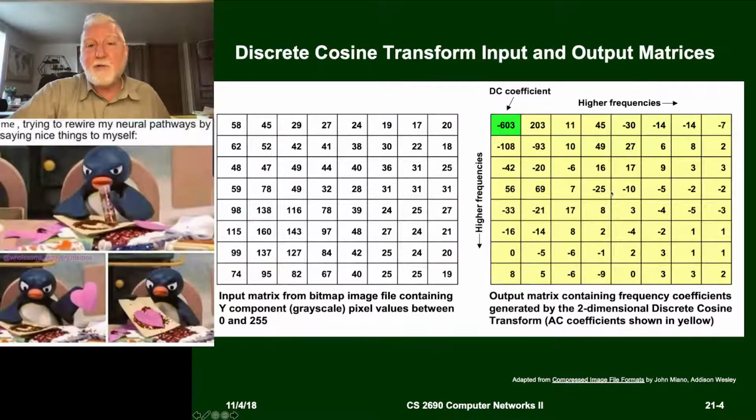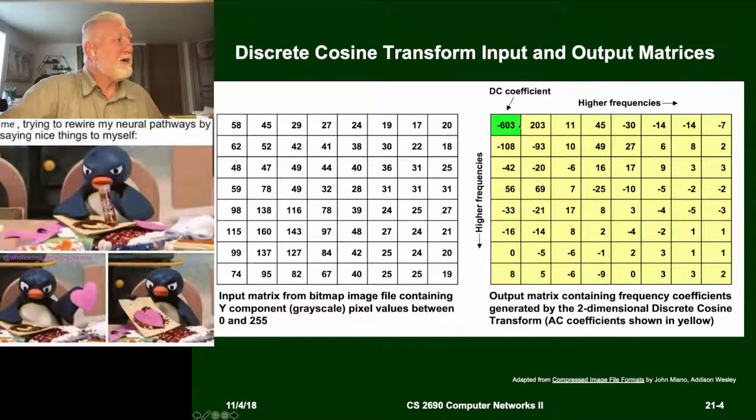And then this is the part where I'm going to do a lot of hand waving, okay? Because this is going to be the bitmap image file containing these Y components, the brightness, pixels between 0 and 255. And then that's an input matrix.